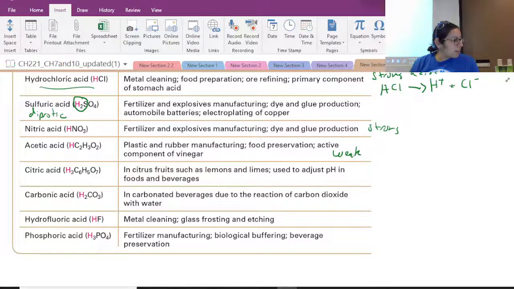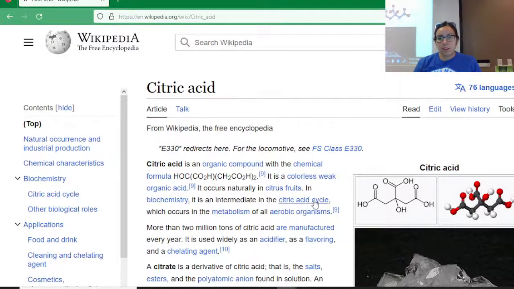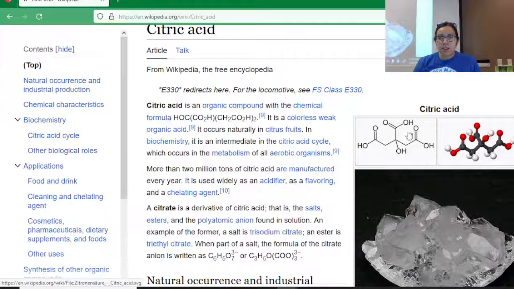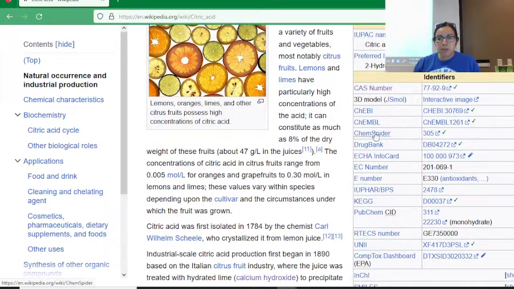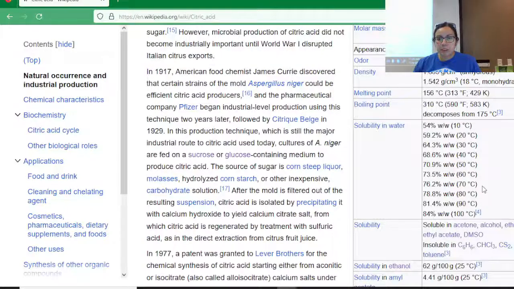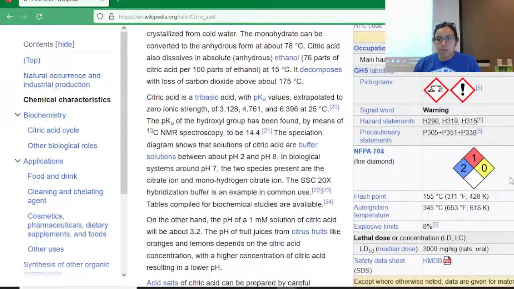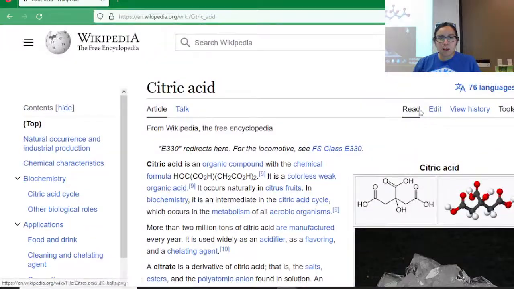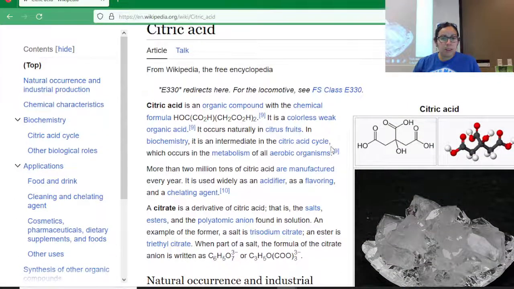So citric acid, I'll just pull up a picture of citric acid. That one's a kind of cute structure. So that's citric acid, and of course this is super useful in food production. This is also what we have in lab, the citric acid powder. And it comes in different forms of different salts as well, because it can come as a trisodium version as well, and disodium.